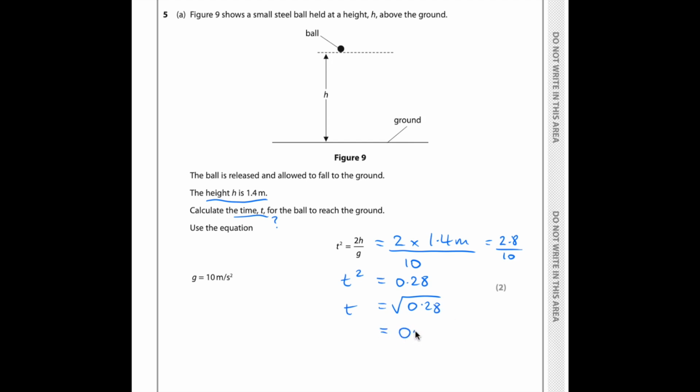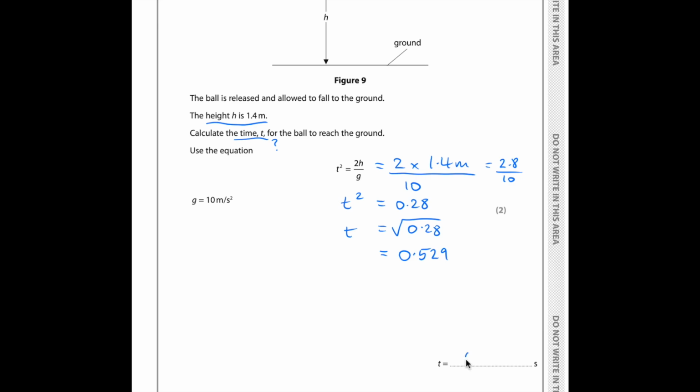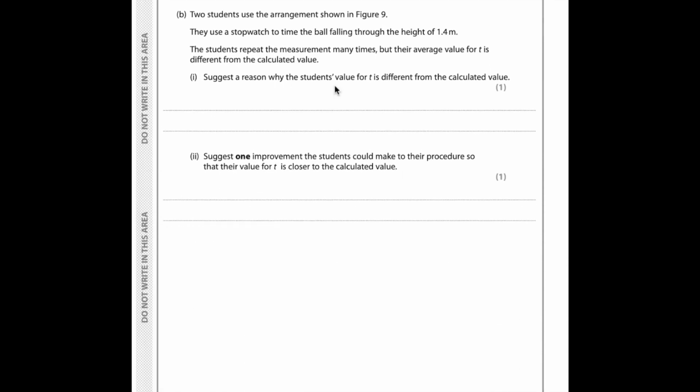And that comes out as 0.529. And I'll just round that up to 0.53. Question B. 2 students use the arrangement shown in figure 9. They use a stopwatch to time the ball falling through the height of 1.4 meters.